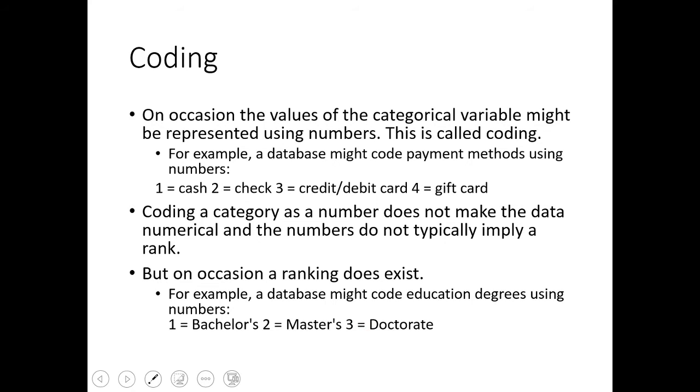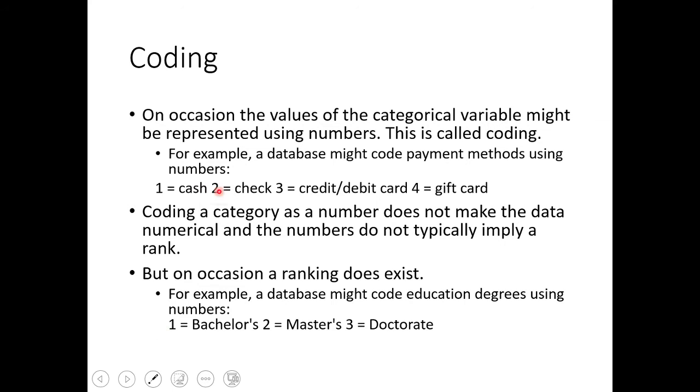In this case, coding is a little different from the verbal data because the order of numbers carries other information, ranking information. So coding has two types. One is just giving a number without any ranking information.